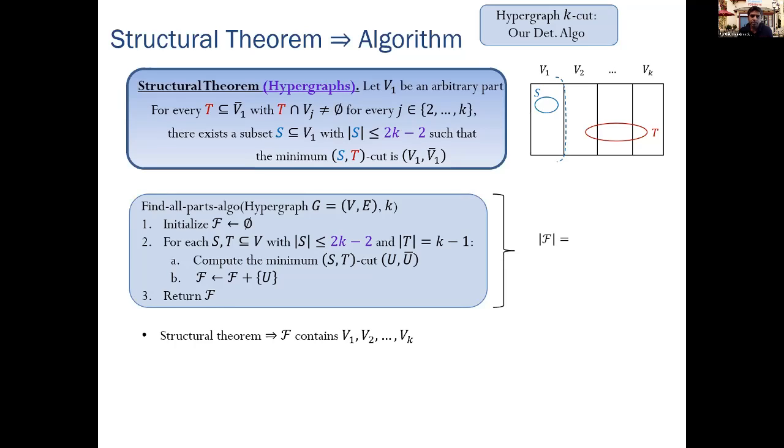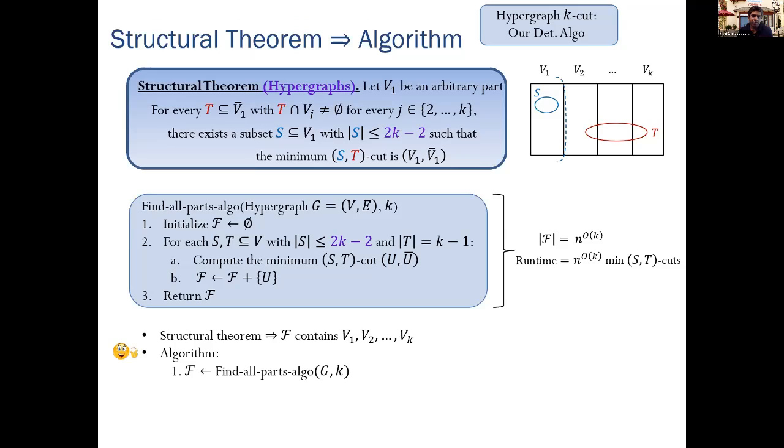And what is the size of the family? The size of the family is n to the order k. And the time to compute the family is n to the order k min ST cut computations. Recall that min ST cut in hypergraphs can be solved in deterministic polynomial time. So the runtime of this procedure is deterministic polynomial time. With these observations, here is the simple algorithm.